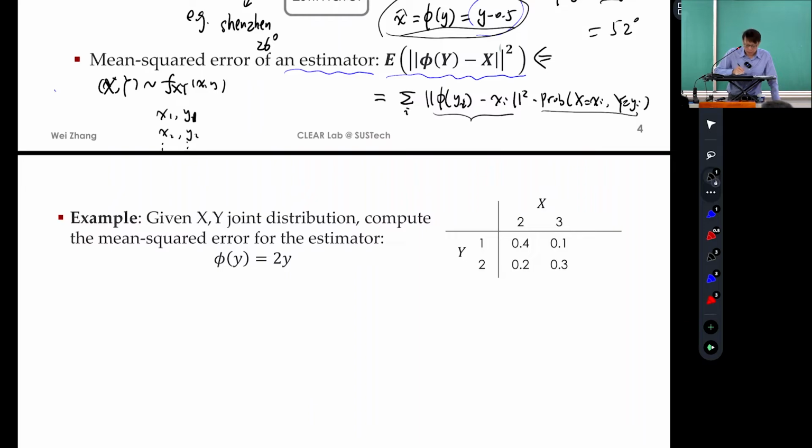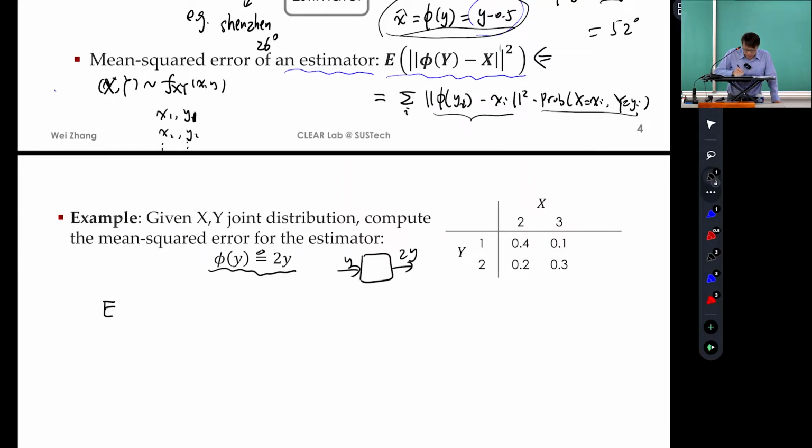Now I'm going to ask you, what's the mean squared error of this estimator defined like this? Is this a deterministic function? This function is nothing but, if you tell me y, I will just multiply by 2, right? It's a deterministic function. If you send me the same y, I will give you the same output. That means deterministic, okay?